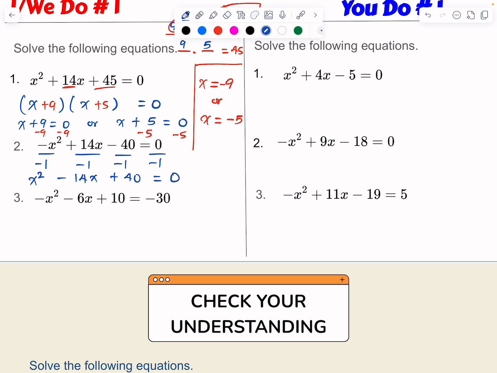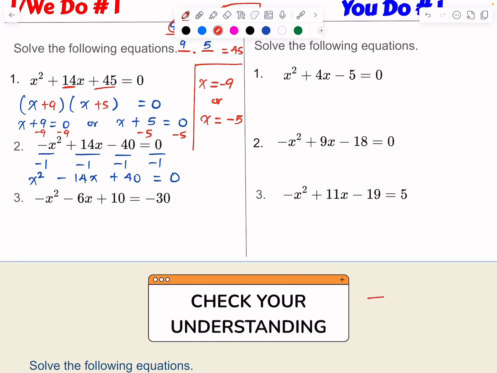And now I can solve it. So if your a is not positive 1, you have to divide both sides by what you have in front of x squared. And now what do I do next? The next thing I have to do is find two numbers.